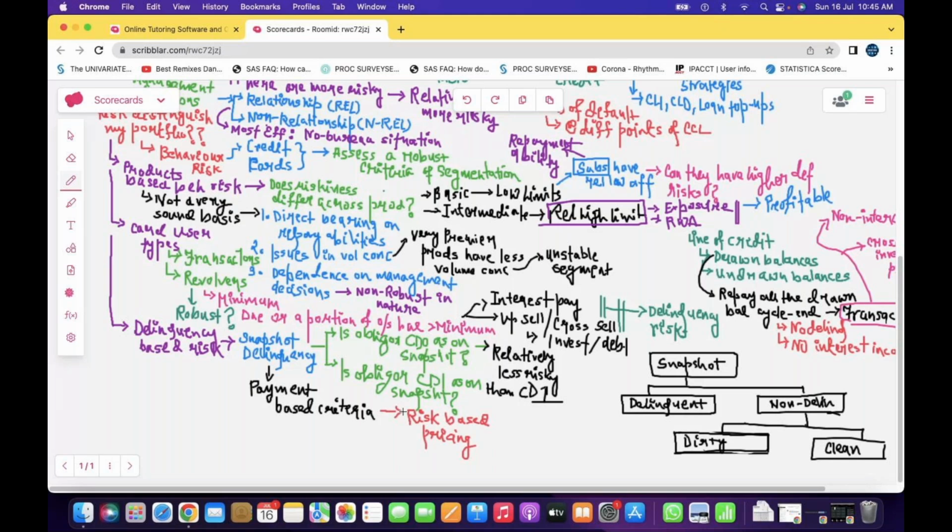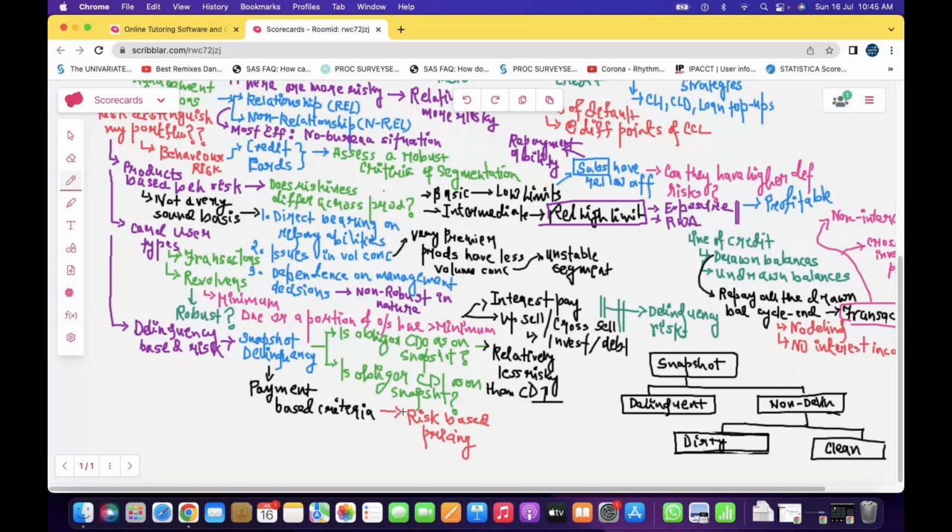Now, what we'll do next is list out two things that we need to address over here. Number one, why am I building an acquisition model or a behavior model? And second, where am I using these models to take risk management decisions?